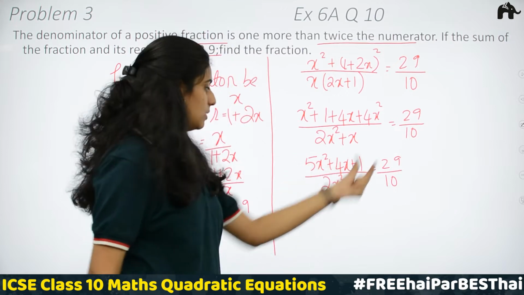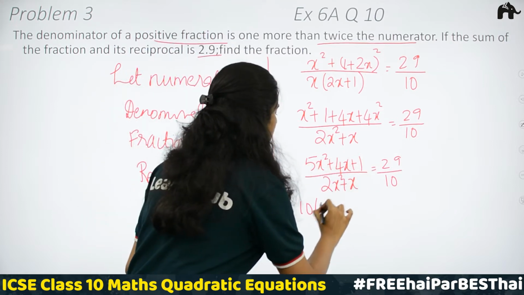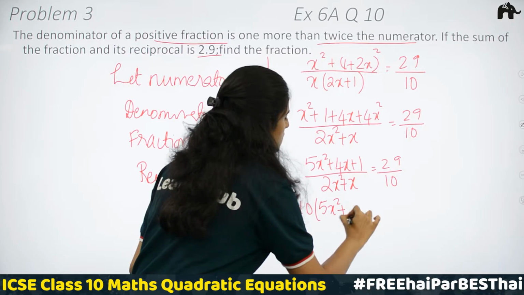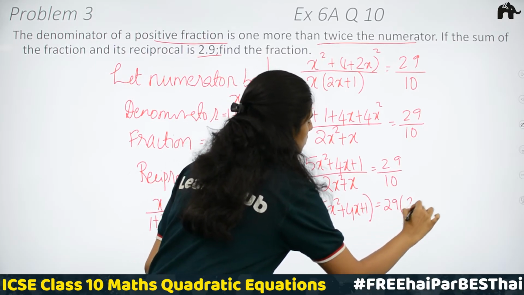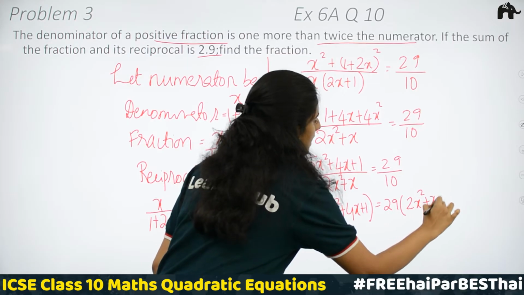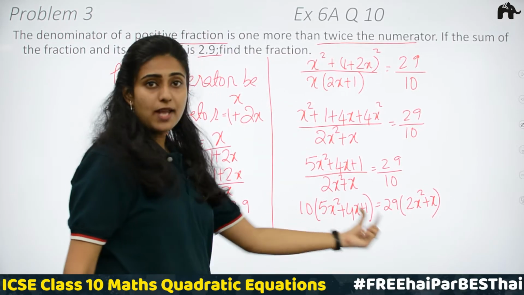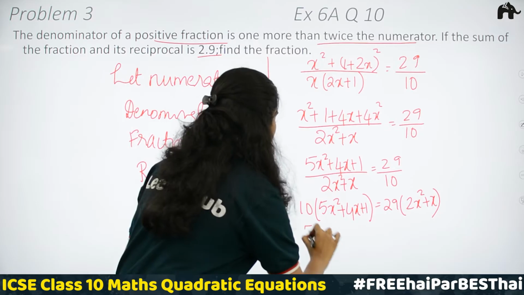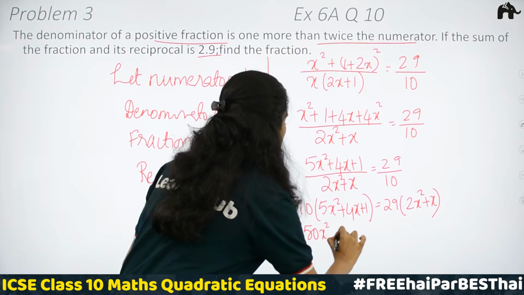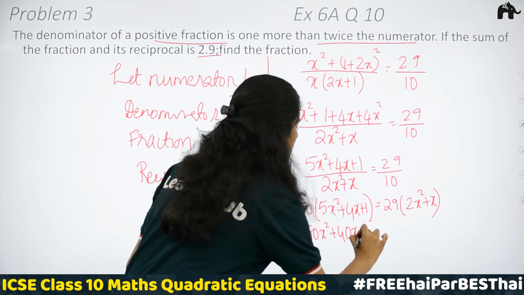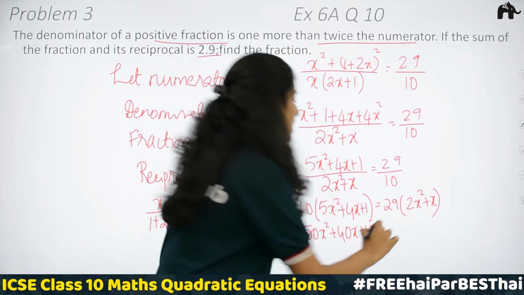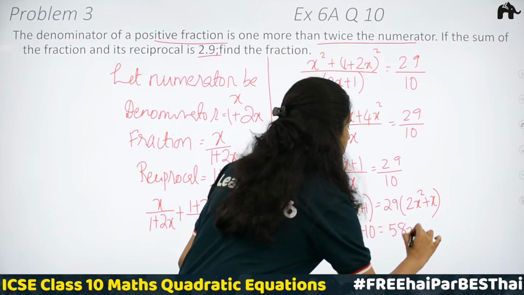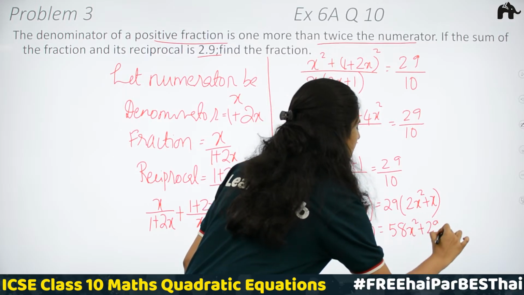Next step, cross multiplying. 10 into 5x square plus 4x plus 1 is equal to 29 into 2x square plus x. Okay, now removing the brackets and multiplying, we get 50x square plus 40x plus 10 is equal to 29 into 2x square is 58x square plus 29x.